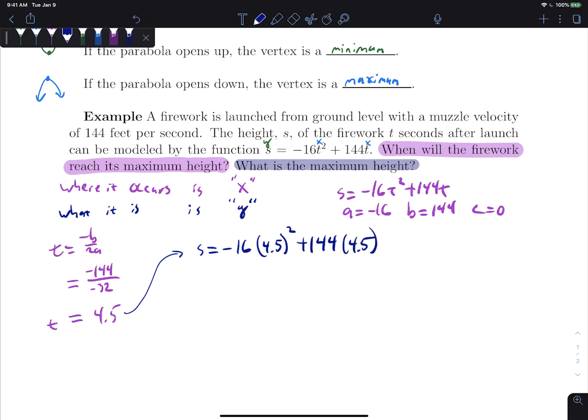I'm not going to do all this in my head. You shouldn't either. And that's going to give you s equals 324. And the units here will be feet. So seconds and feet. Awesome.